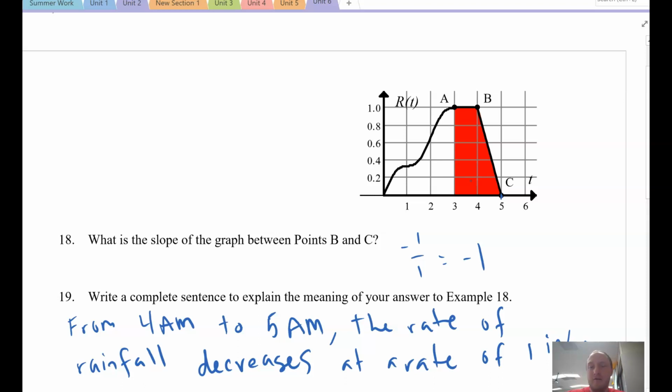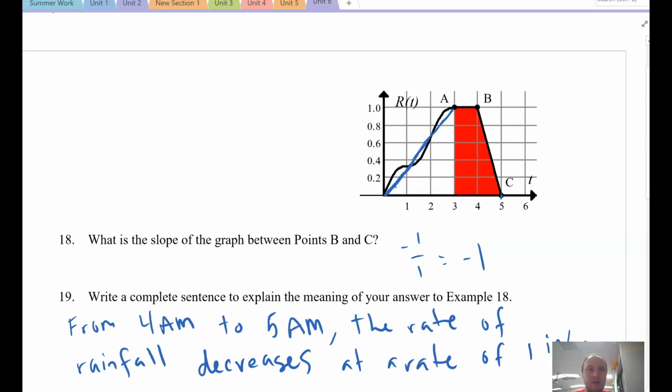What we have here from 0 to 3, though, is a curve, so we're going to have to approximate. One method is to connect a straight line here. It's kind of straight, and I can approximate this. Now, this is not going to be exact.